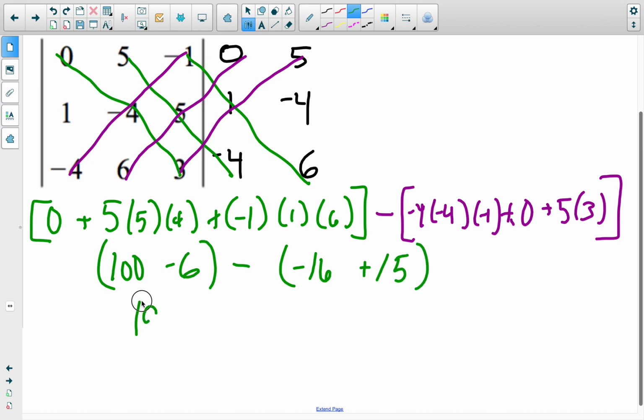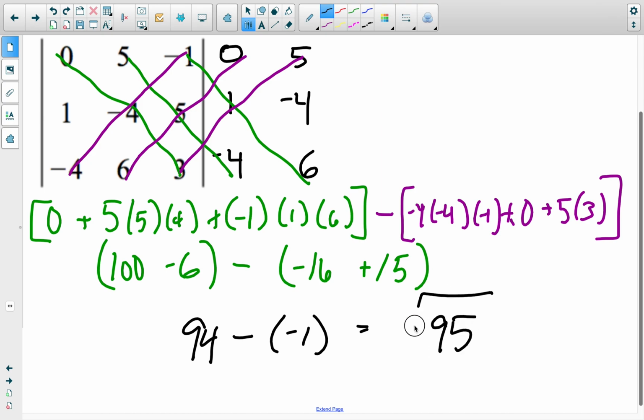So then we end up with 94 minus negative 1, meaning I think we end up with 95. If my calculations are right. All right, if I'm wrong somewhere in my addition or subtraction, please forgive me. I am human.